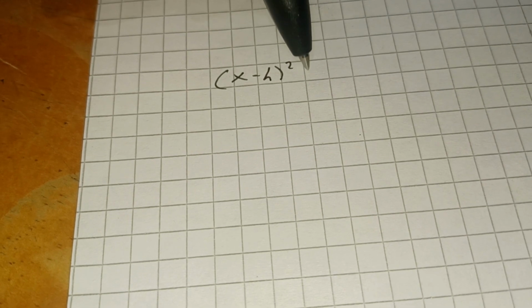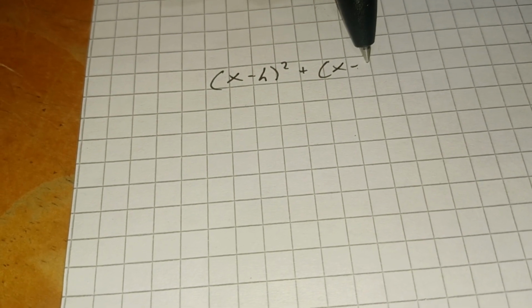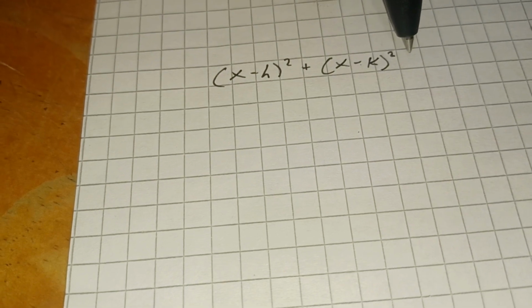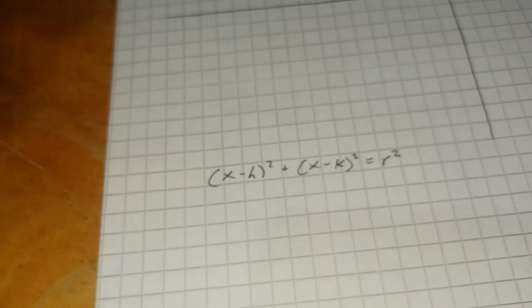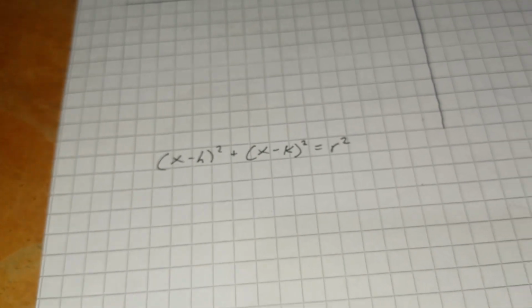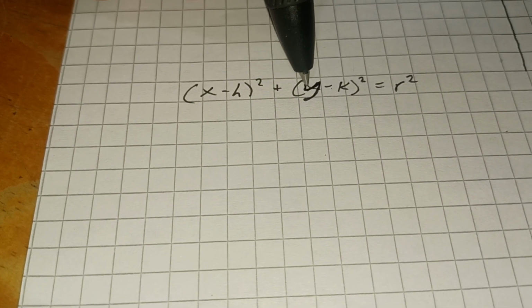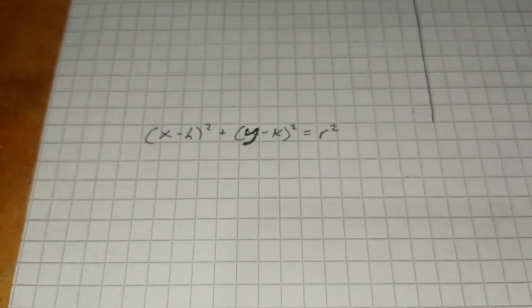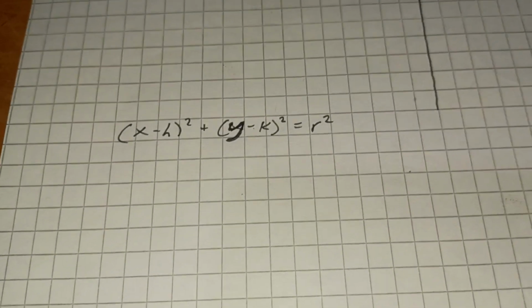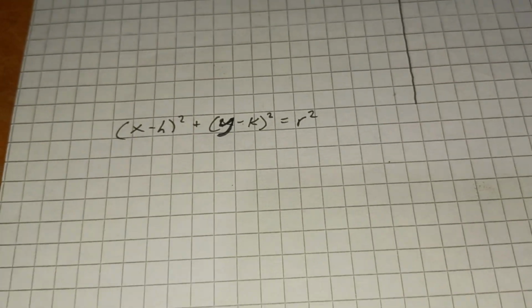Again, you cannot forget our standard circle equation: (x - h)^2 + (y - k)^2 = r^2. Oops, that's a y, by the way.